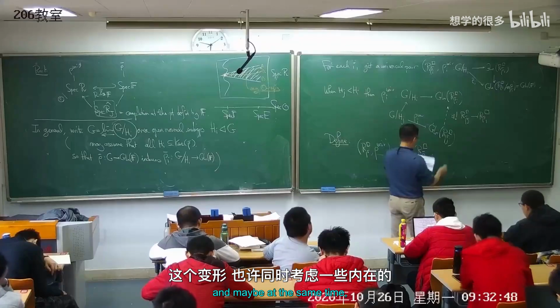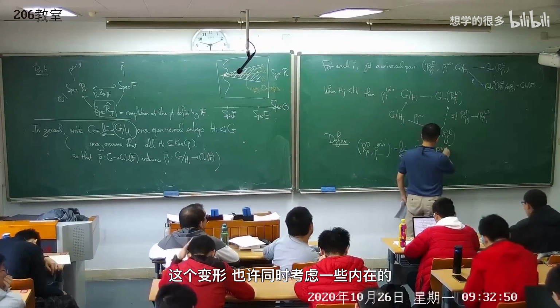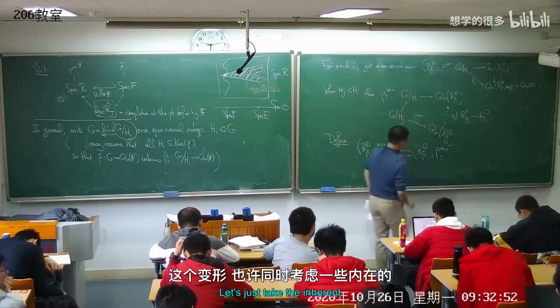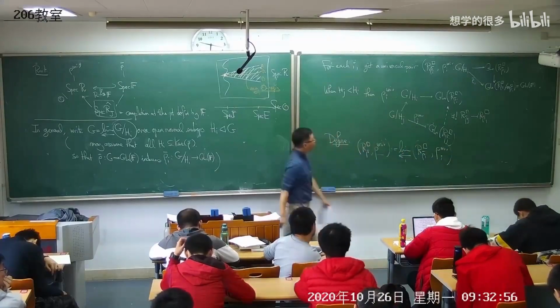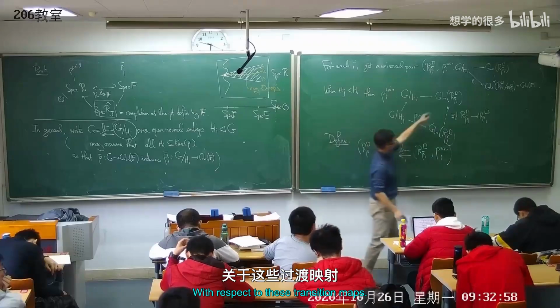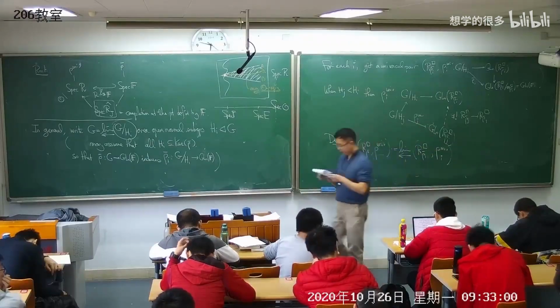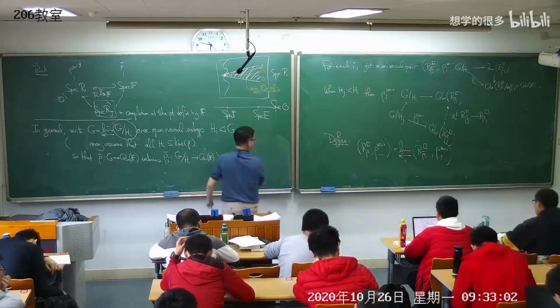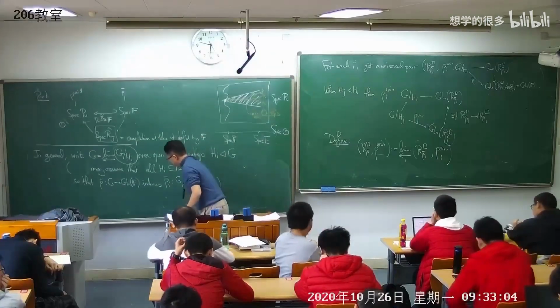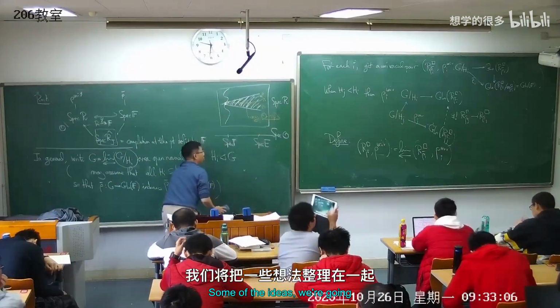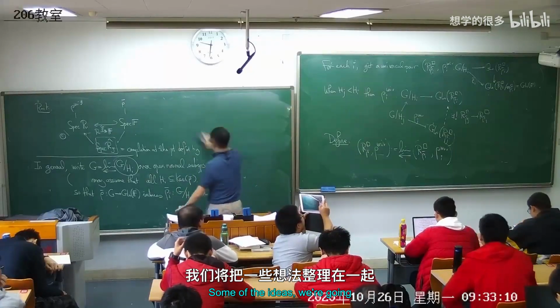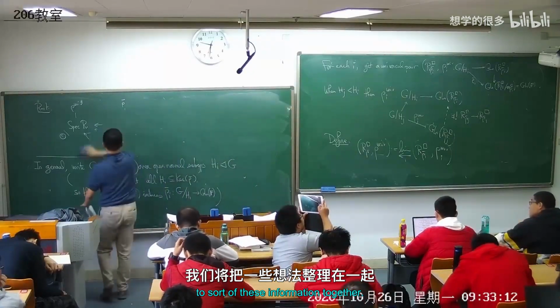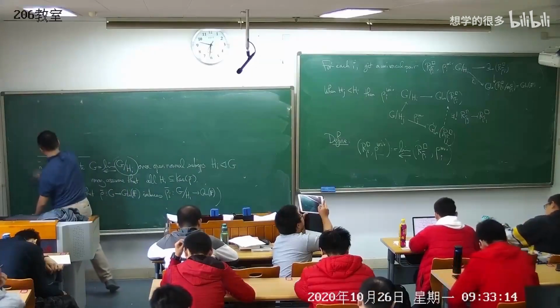And maybe at the same time, let's just take the inverse limit of the representation as well, with respect to these transition maps. Somehow the idea is that we sort of pool this information together.